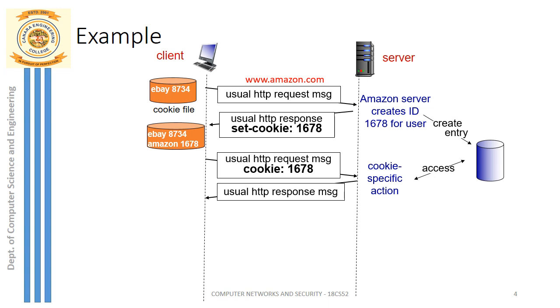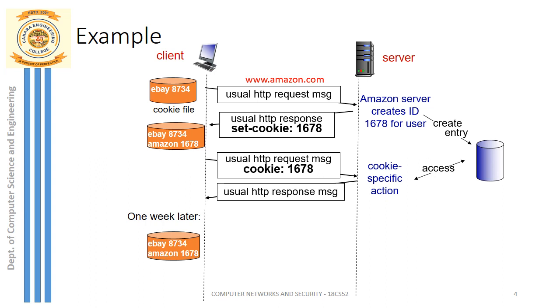Now whenever the client accesses the same server after some days or some time, the HTTP request message will be sent along with a header line called cookie with the identification number.